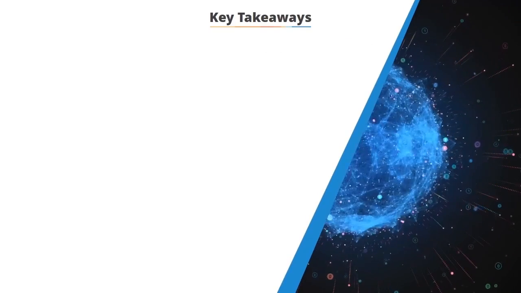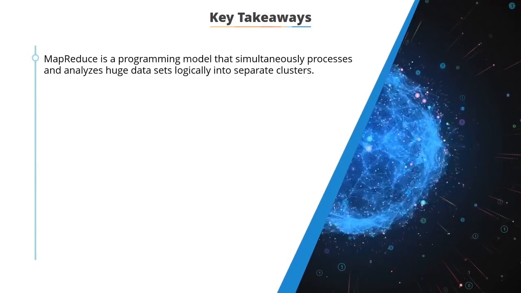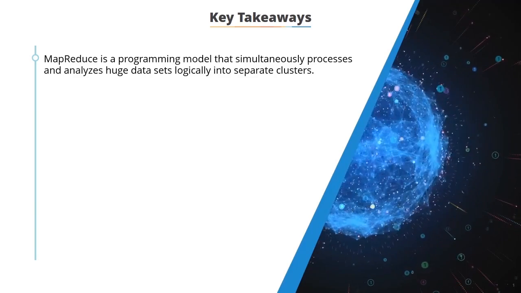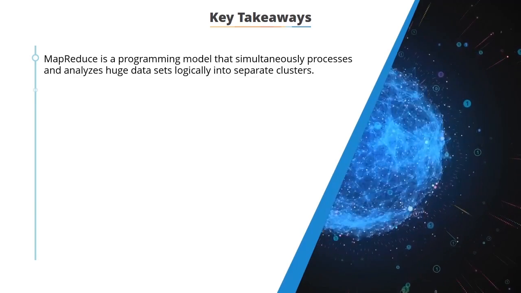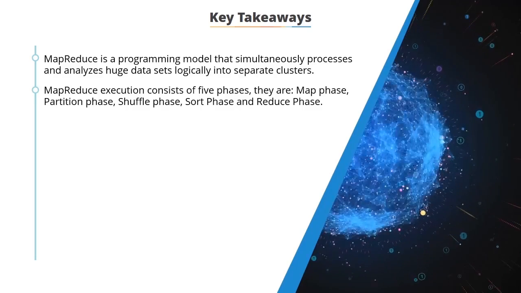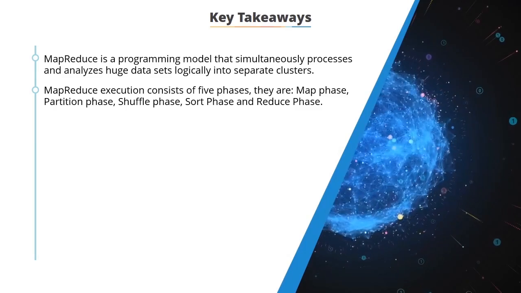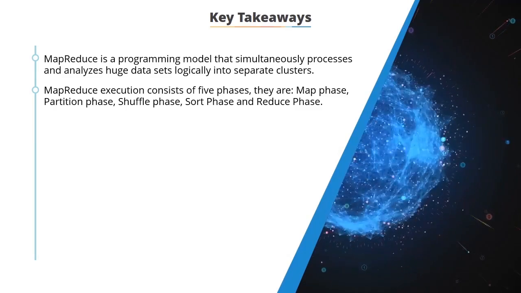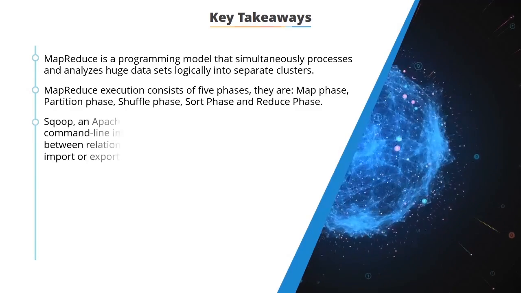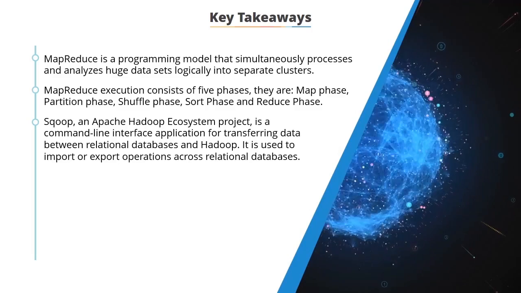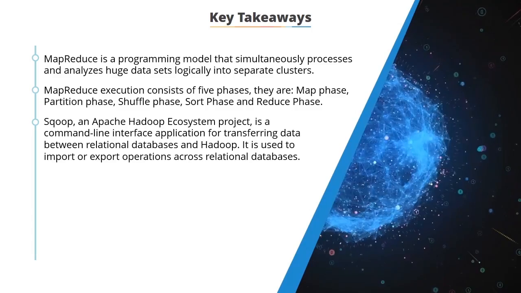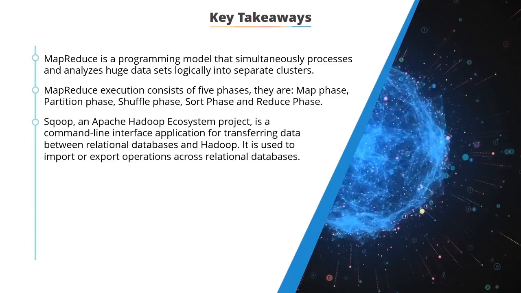Let us now summarize what we've learned in this lesson. MapReduce is a programming model that simultaneously processes and analyzes huge datasets logically into separate clusters. MapReduce execution consists of 5 phases: map phase, partition phase, shuffle phase, sort phase, and reduce phase. Sqoop, an Apache Hadoop ecosystem project, is a command-line interface application for transferring data between relational databases and Hadoop.